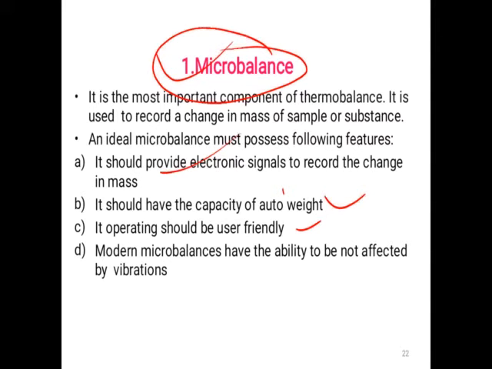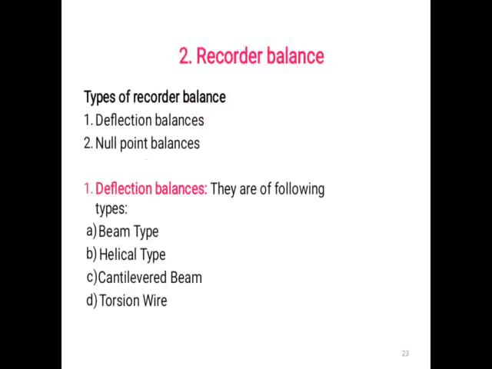It should be user friendly, and any vibration or other disturbance in the environment should not affect the balance or the microbalance from taking the appropriate weight. So these are the properties of the microbalance.